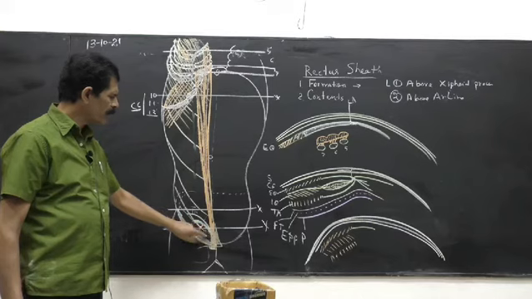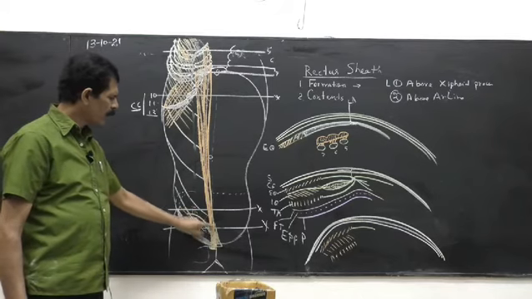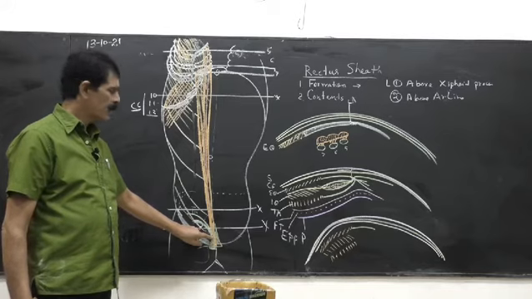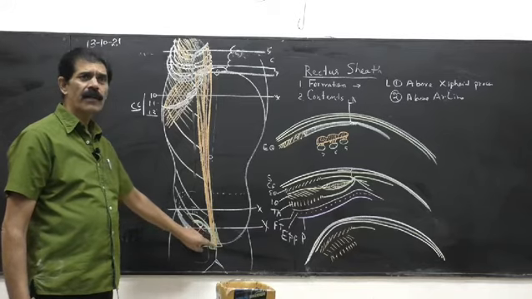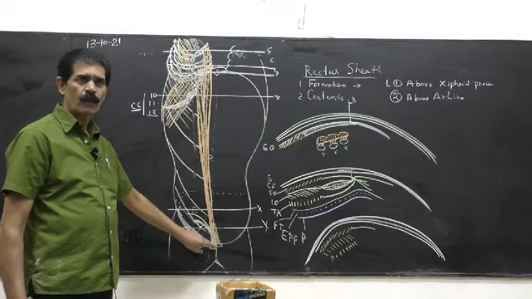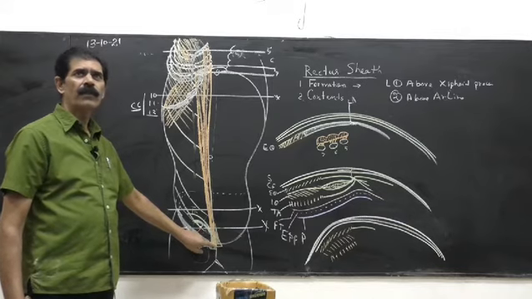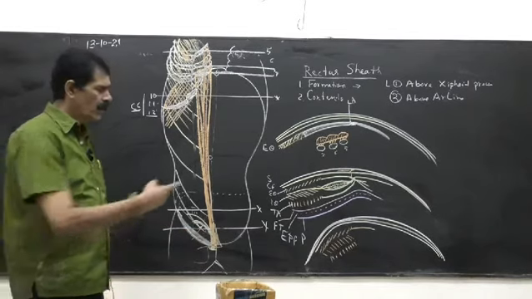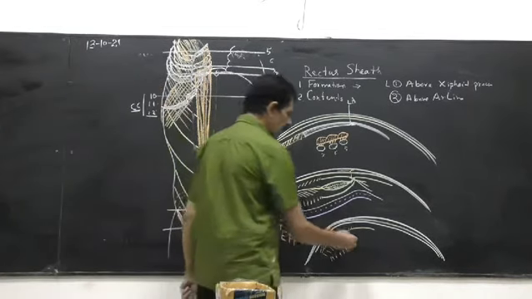So whenever you take this section, the rectus abdominis anteriorly is only covered by the conjoint tendon, with the aponeurosis of internal oblique as well as transverse abdominis. So how do you show this in the section?